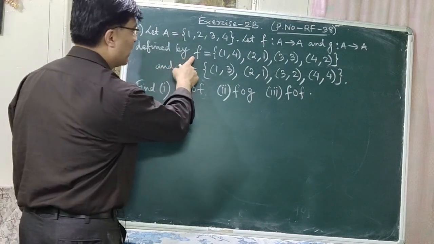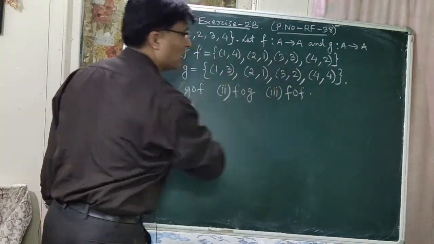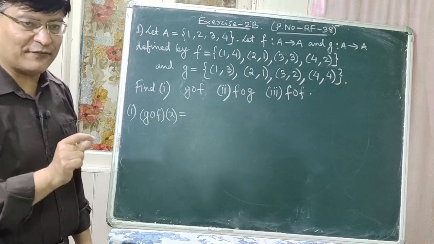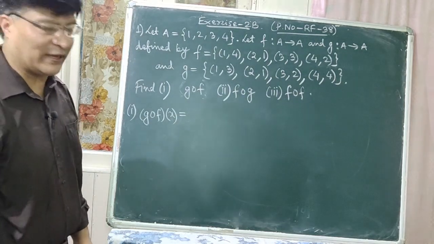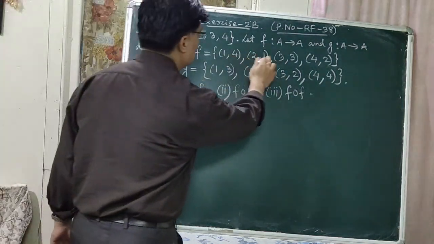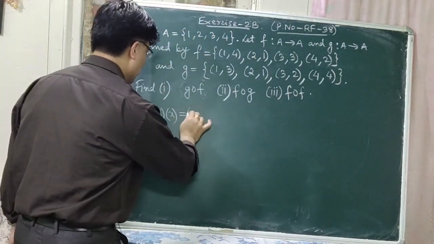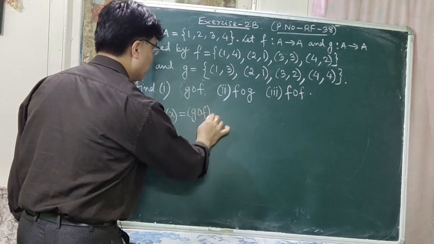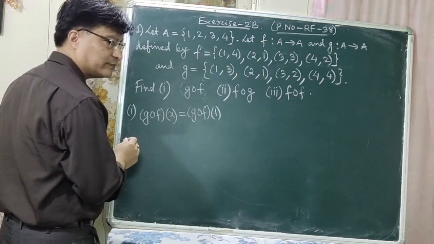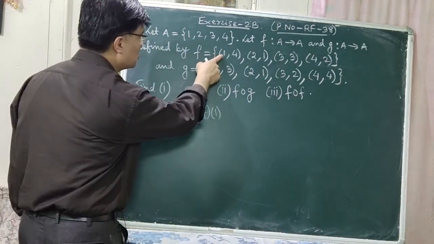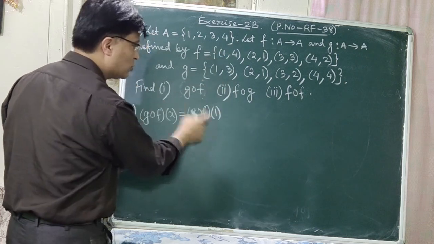So what is the domain of f here? 1, 2, 3, 4. The first number of f denotes the domain of f, and the second number denotes the range of f. Now let us find gof of 1, putting instead of x the domain of f, that is 1.